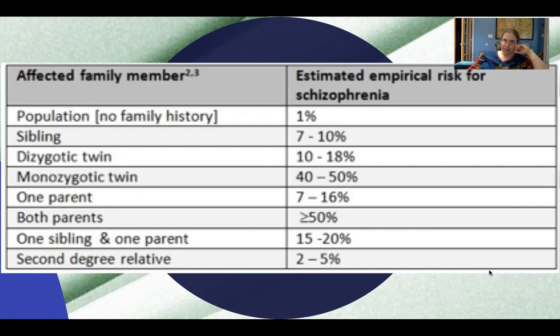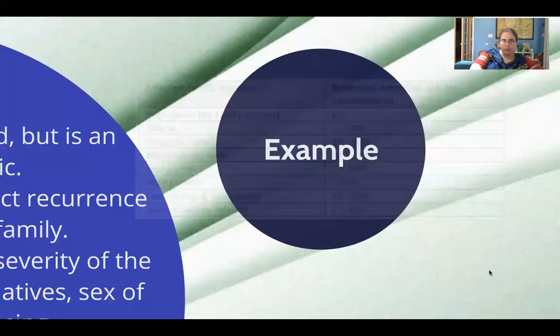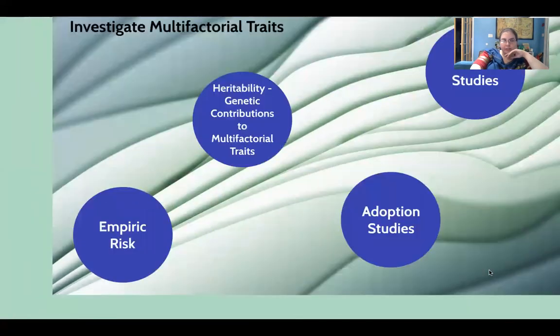If one parent and one sibling both have schizophrenia, then there's a 15 to 20% chance of someone getting it. And if a second degree relative has schizophrenia, so no one in the immediate family has it, but maybe a cousin or something like that, then there's only a 2 to 5% chance of someone developing schizophrenia. Again, you can see how the values changed.